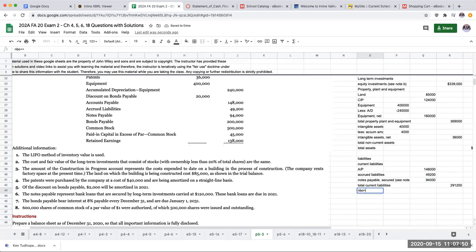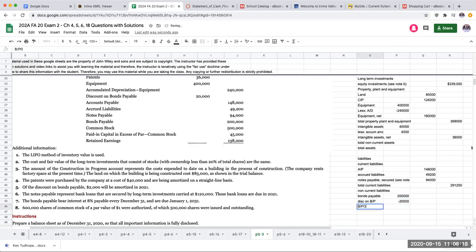Our non-current liabilities is going to be bonds payable. So my bonds payable has a face value here of 200,000. However, I have a discount on bonds payable. A discount on bonds payable is a contra liability account. And so this is going to show up as a negative amount.